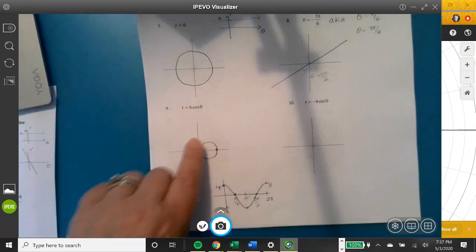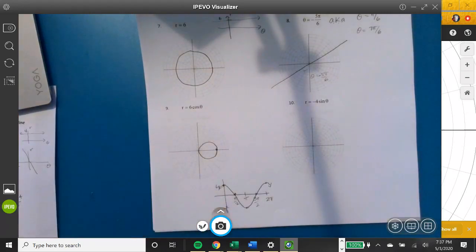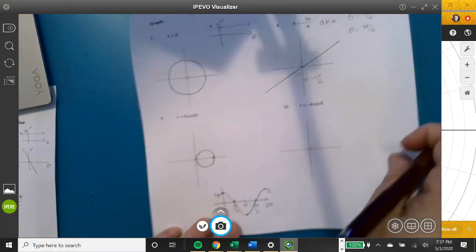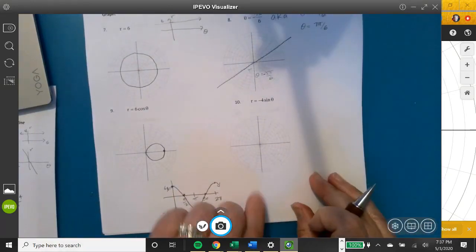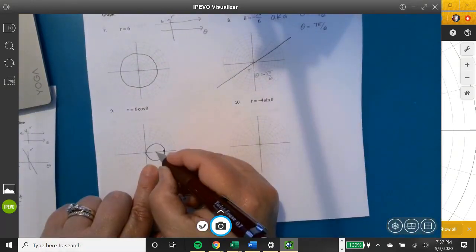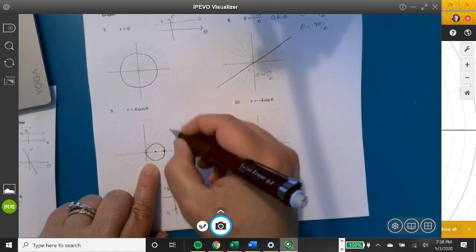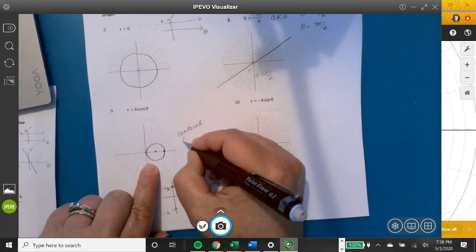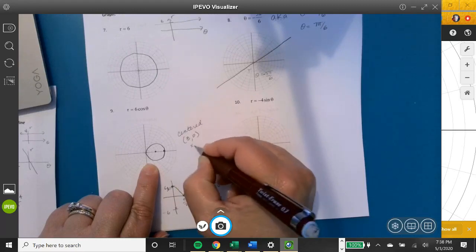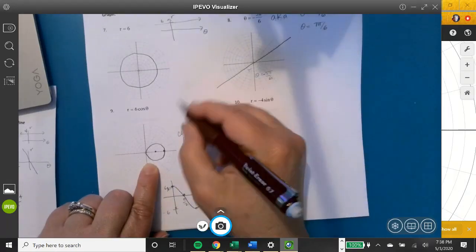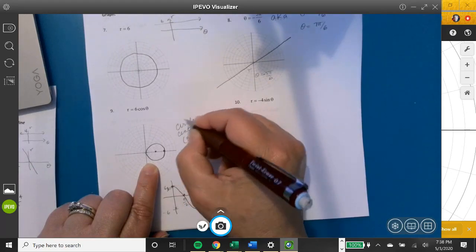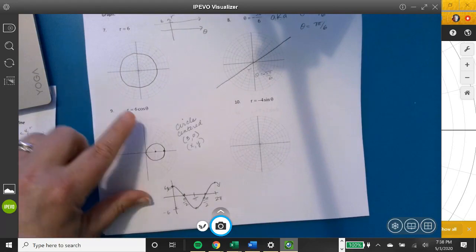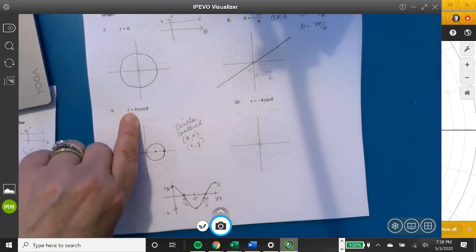It's on the positive polar axis because this is a positive cosine. Good. All right. And this circle has a center at 3, 0. Now remember, this is XYville, not Polarville. Okay, and the diameter, notice the diameter is 6. The diameter is always the amplitude.